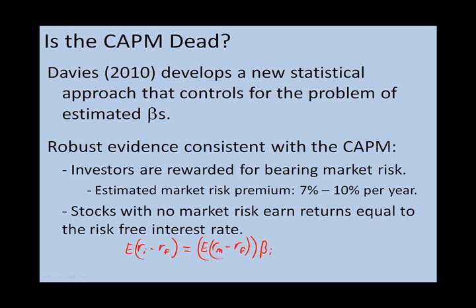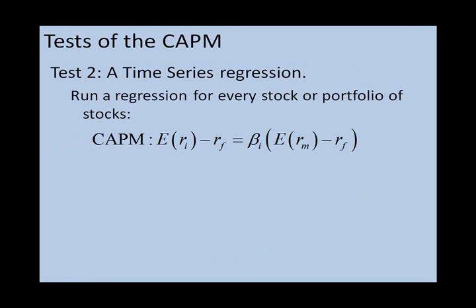There's a second approach to test the CAPM, and I would call this a time series approach. For each stock i, we're going to run a time series regression. So we're going to gather all the monthly returns for stock i together. We're going to calculate the excess returns in each month for that stock.